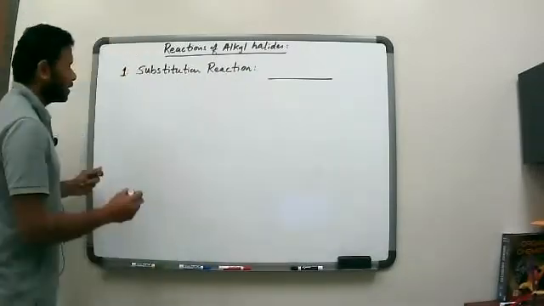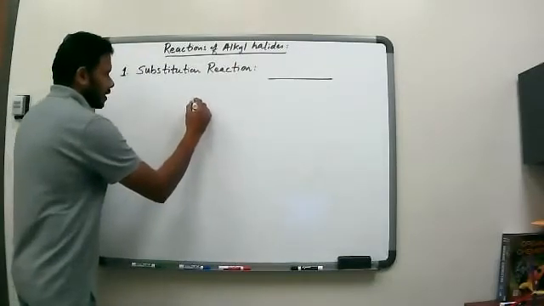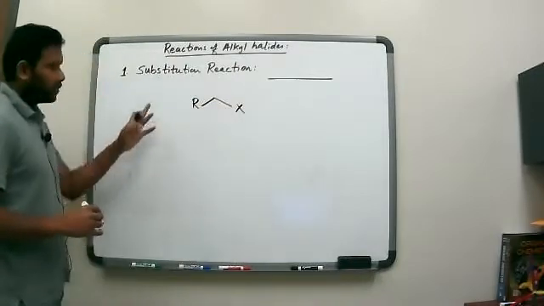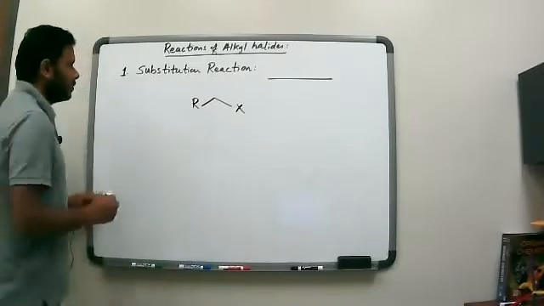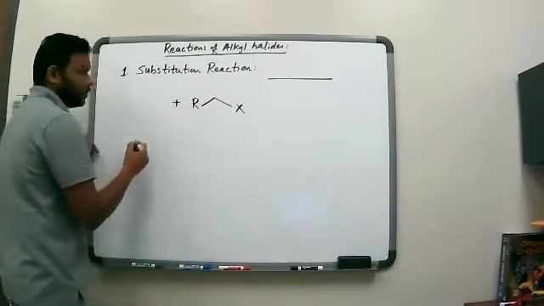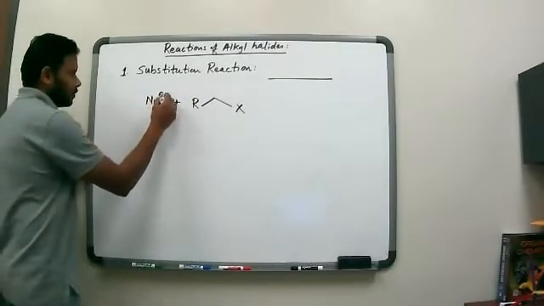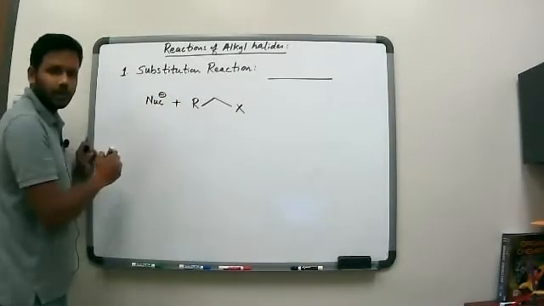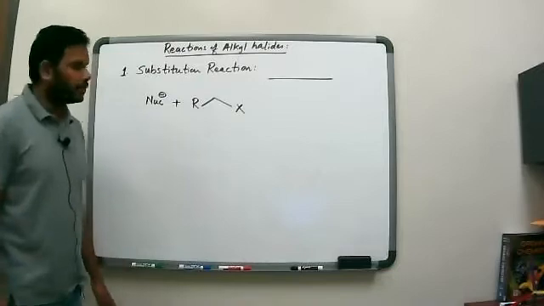This reaction is where, if you have an alkyl halide, and I'm just drawing a very general alkyl halide, and it reacts with a nucleophile, I'm going to use a nucleophile which has a negative charge on it, to keep the charge balancing a little bit easy.